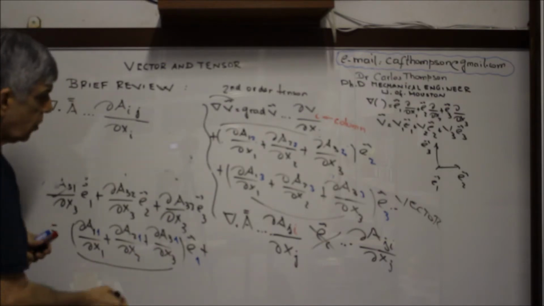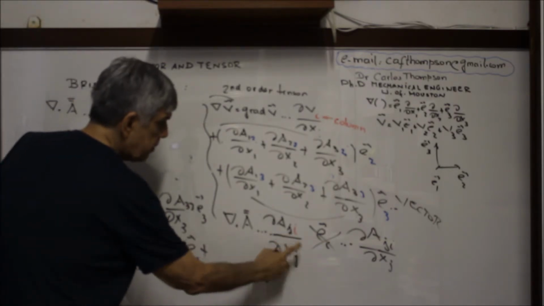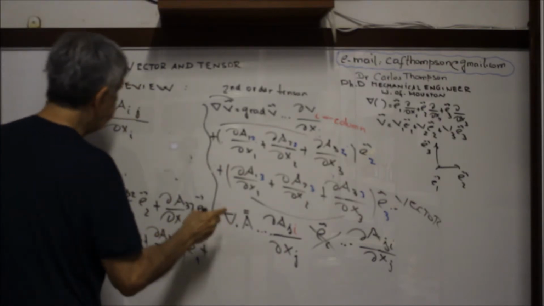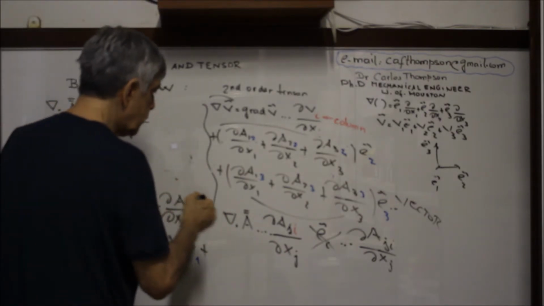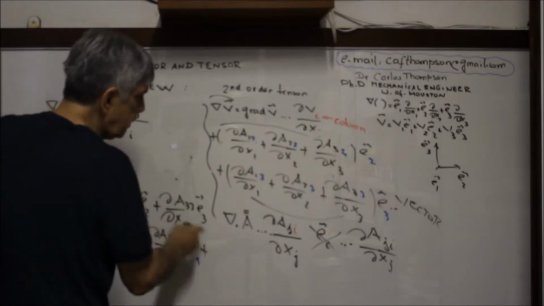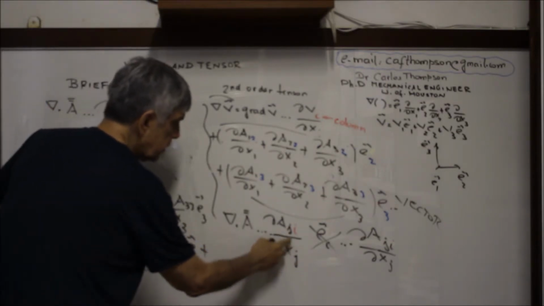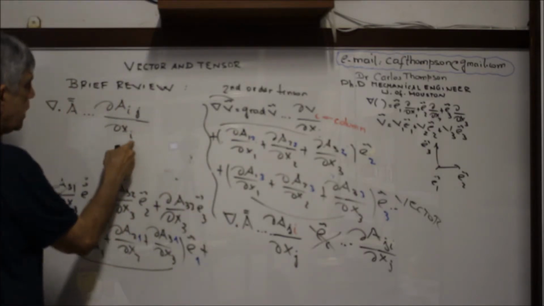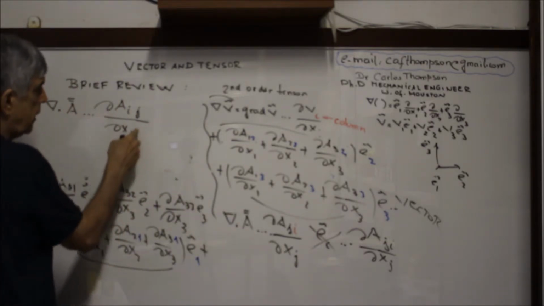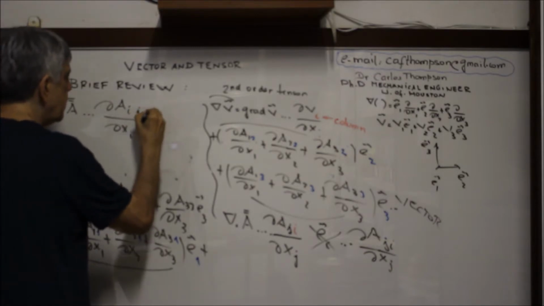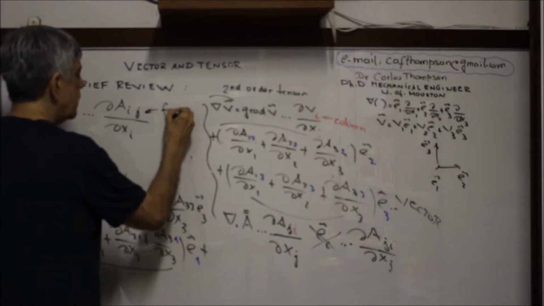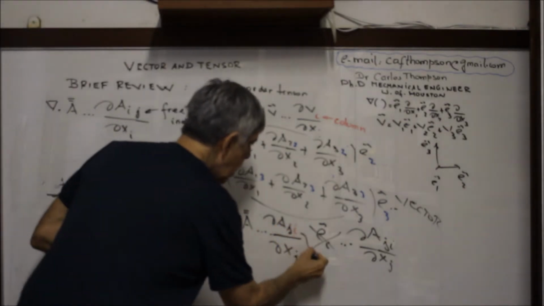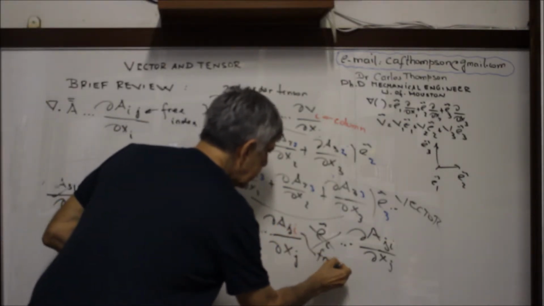So I exchange j by i and i by j. What is the free index in this case? What is important is the sum, Aj and xj, or Ai and xi. And j here is the free index. No problem. Here, i is a free index.